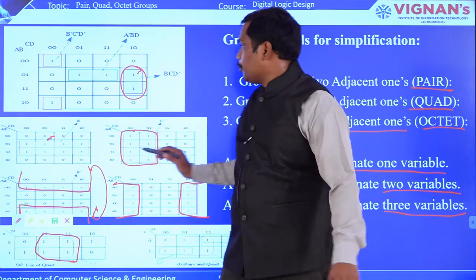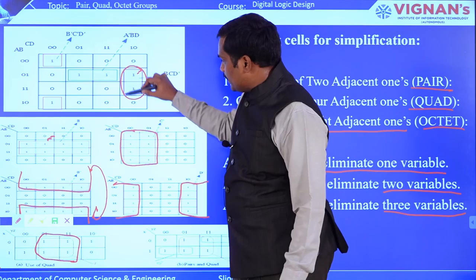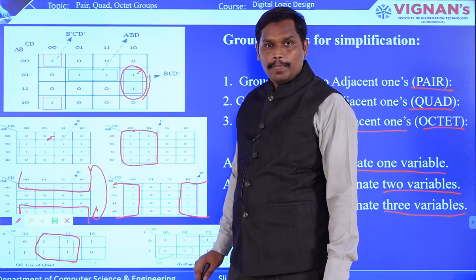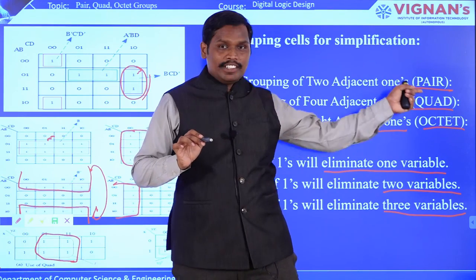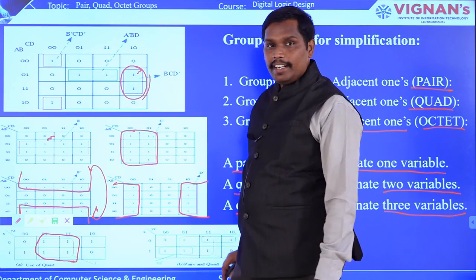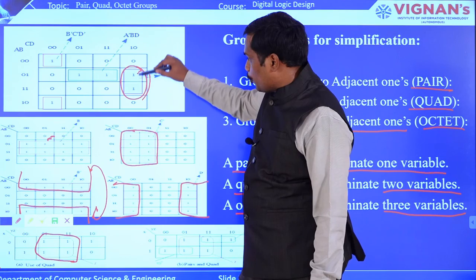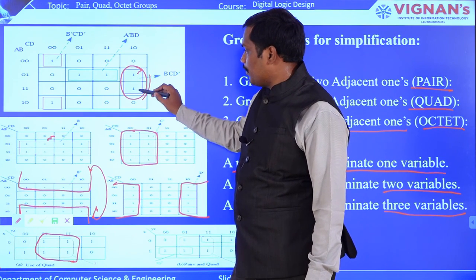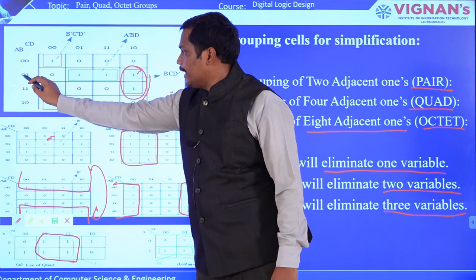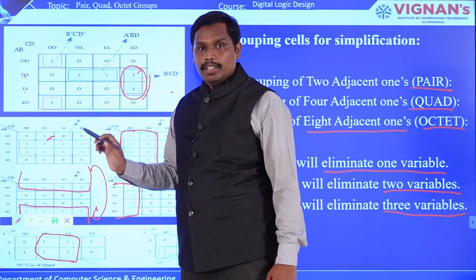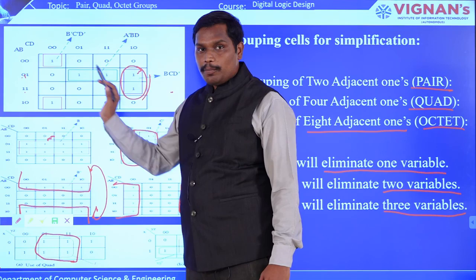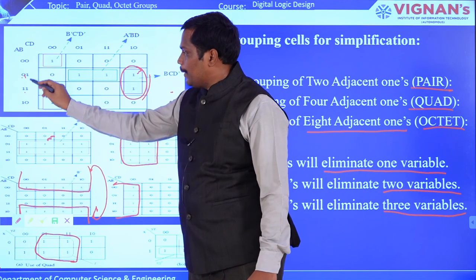For example, if you are making this a group of 2 adjacent ones, that is called a pair. You can group this pair in such a way that 1 and 1 will be there. You can see here A has a difference, that is 0 1 and 1 1. So A cannot be taken in the output, and B is common.